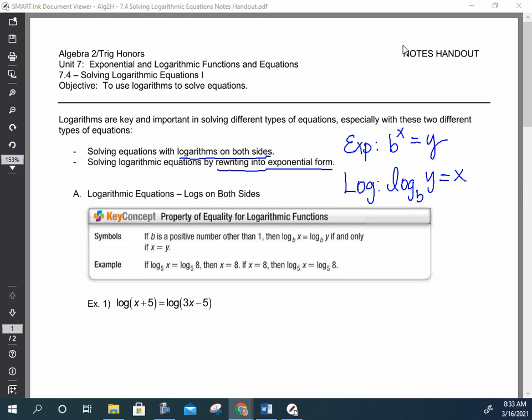These are the two simple cases for a logarithmic equation. There are other cases that go a little bit deeper. In order to go deeper, there are certain properties that you need, which you will pick up on Thursday. On Thursday, we'll do the properties, which will lead us to being able to solve deeper equations going into next week. So today we're going to deal with the two basic types.